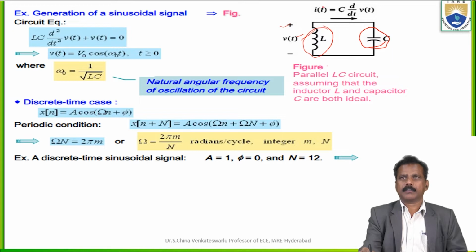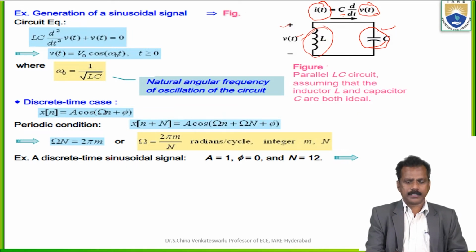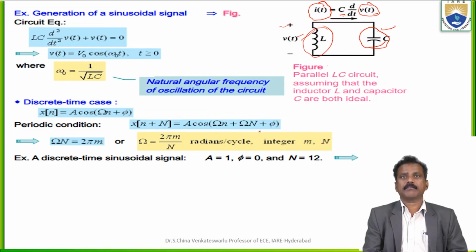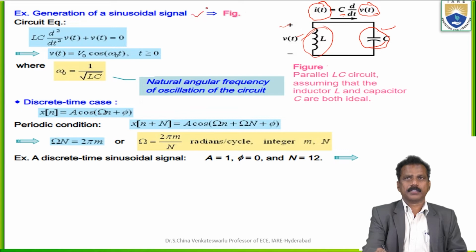The current I of t is equal to C times the derivative d by dt of the input voltage V of t, because we are in the capacitor. Using all this, this circuit is the generation of a sinusoidal signal.